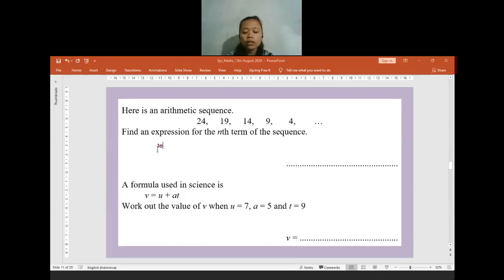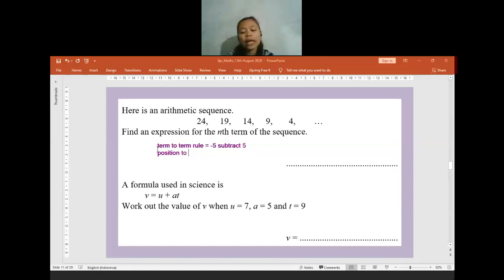The question, yeah, the 5n minus 1. Okay, so the term to term rule will be subtract 5 or minus 5. Then the position to term rule, or the nth term rule.